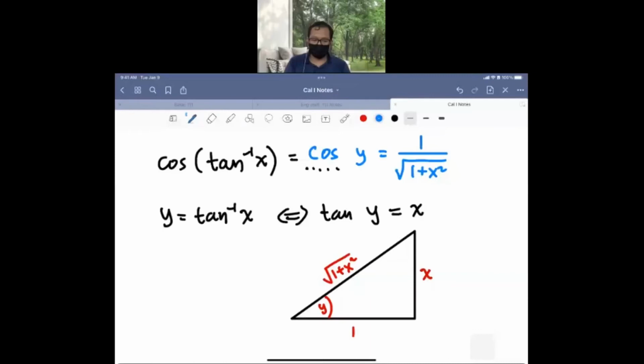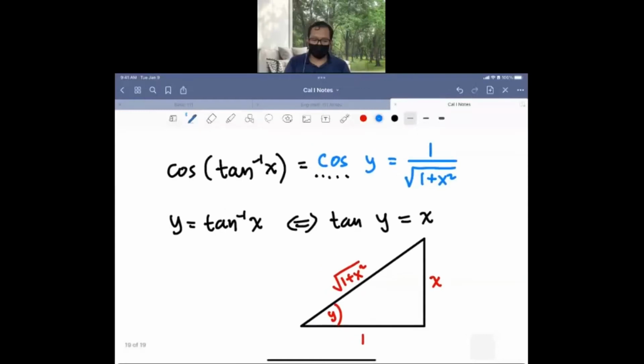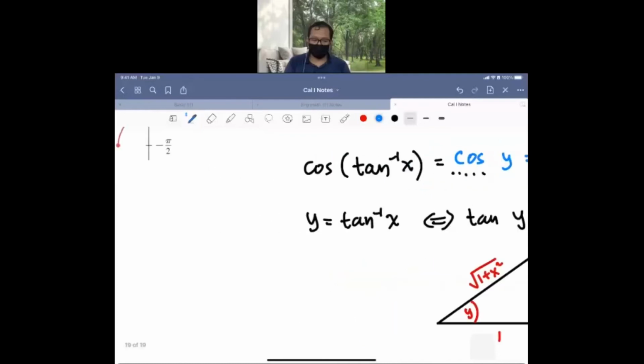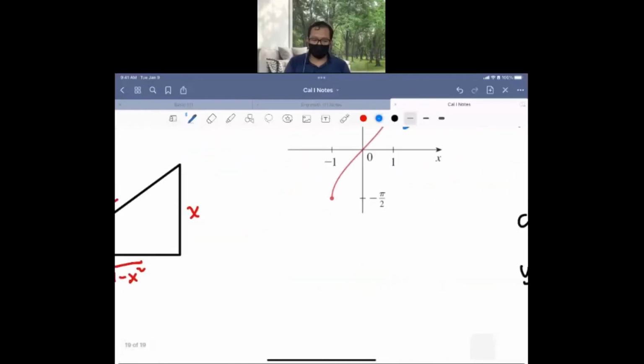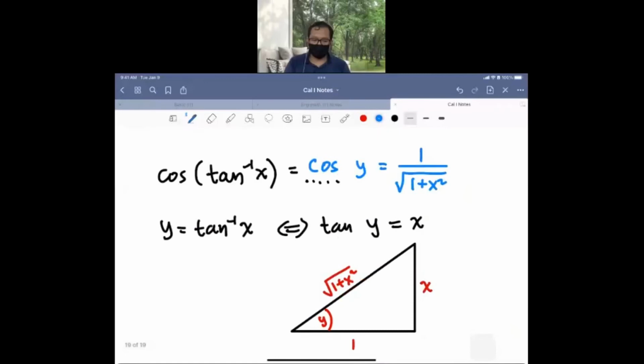If I'm writing x, that should be sine. Good, really good. It means that you're not sleeping. I forgot, I thought that the sign here.